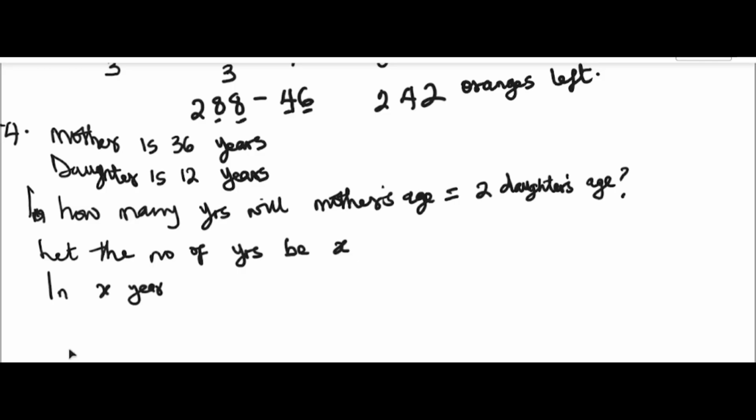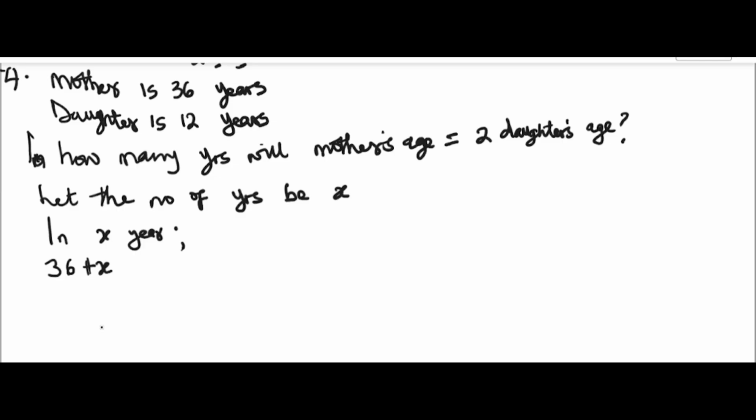So in X years, what will be that mother's age? Her age will be 36 plus X. Her age is not constant, she's growing, right? As the daughter is aging, the mother is also aging. Okay? So now in that X years, the daughter's age is what? 12 plus X. She's also aging as the mother is aging.